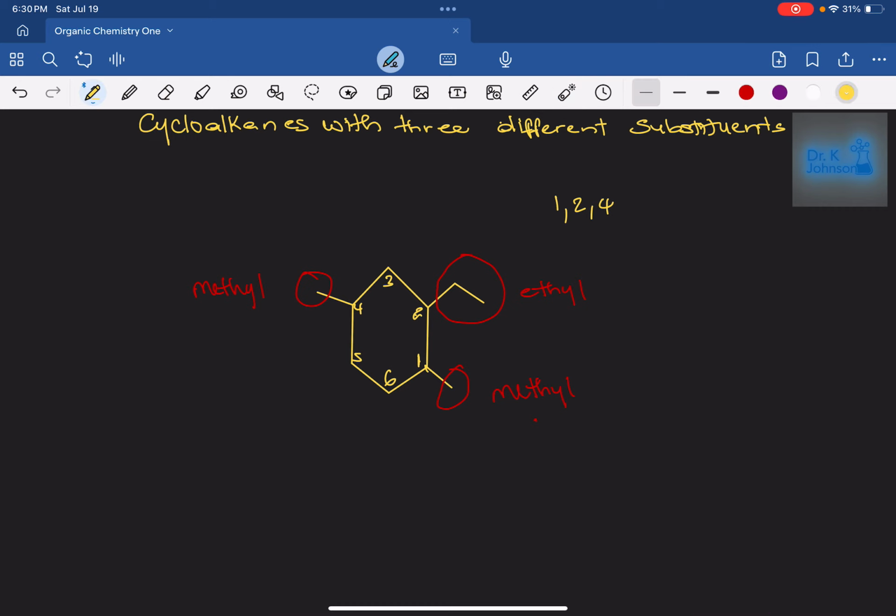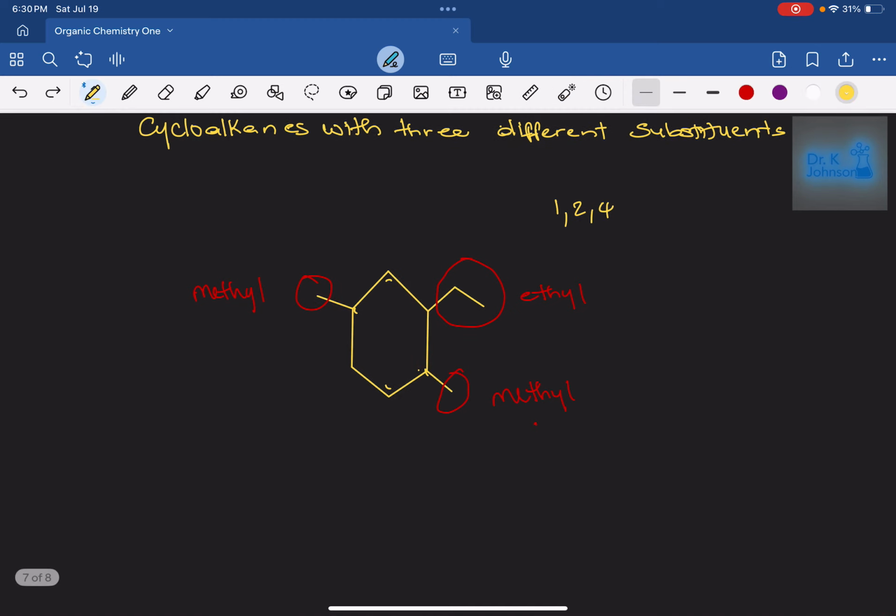So let's say we had numbered in the opposite direction. Let's see what set of numbers we would end up with. I still did 1, 2 by these 2 substituents. But notice now I'm putting 1 here, 2 here, 3, 4, 5, 6.